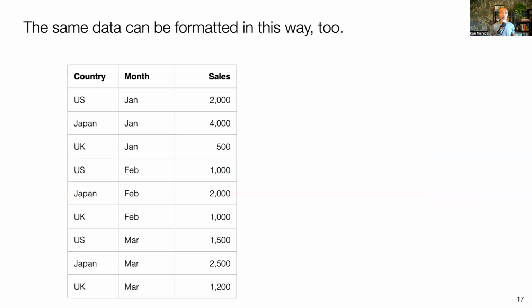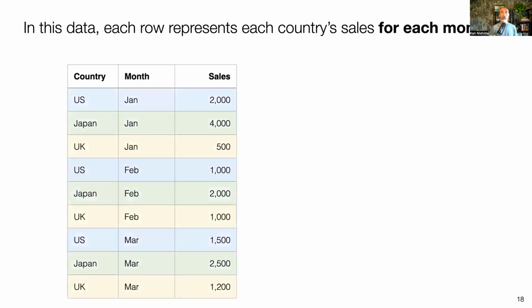As opposed to that, you can have the same data in this format as well. What has changed? Now this data has three columns: country, month, and sales. The month is one column, and the sales value is for January or February or March. That means each row doesn't represent just a country. Now it represents a country and also the month, and obviously the corresponding sales value.